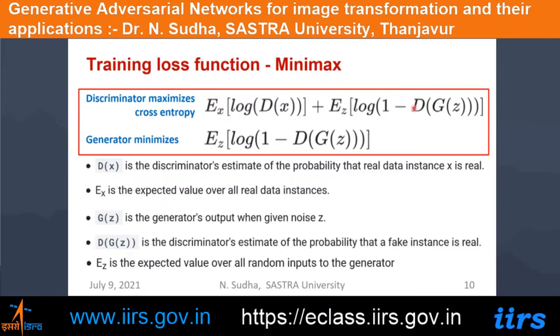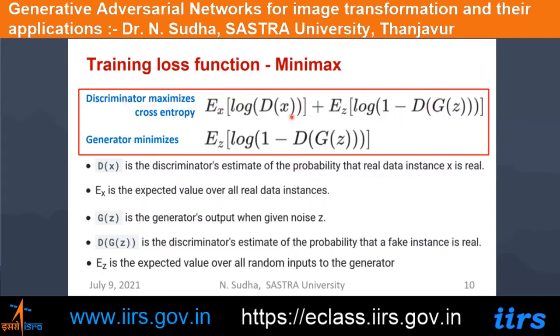The loss function will be like this. It is called the minimax loss function because one is trying to minimize the loss function and the other is trying to maximize it. The discriminator tries to maximize this function, and this function has both components: one for the real image, and another for the fake image.